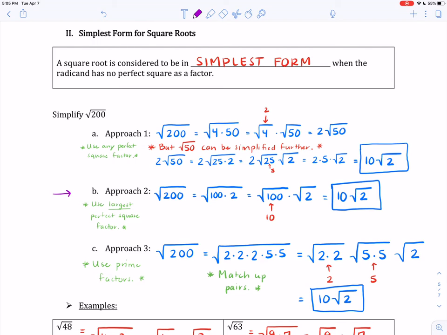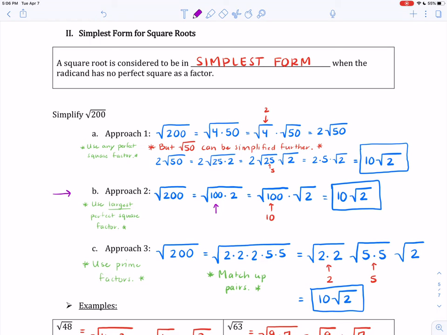And so like here in this example, the square root of 200, 200 is not a perfect square, but I started looking for factors that were perfect squares and I went as high as I could. So the biggest factor of 200 that is a perfect square is 100. And when I do that and write this as 100 times 2, then I can break this up into 2 separate radicals.